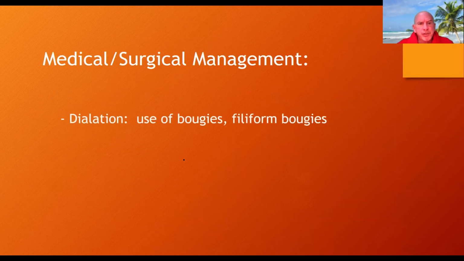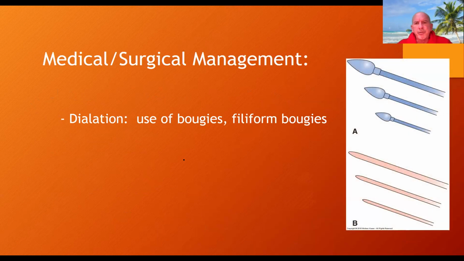How do we manage this? Dilation. This is all stuff that's going to be handled by the urologist. If you have any of these problems, they're going to call in a urologist. If you have swelling in the urethra, they can use bougies.